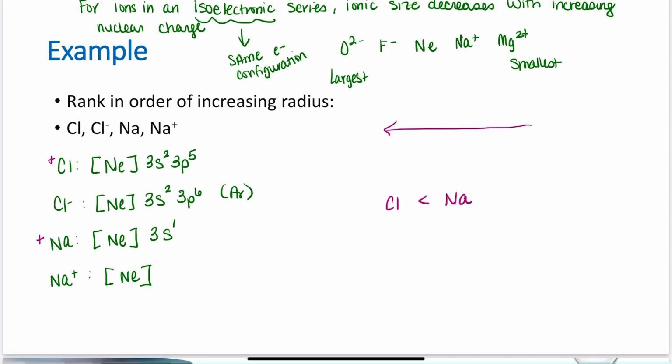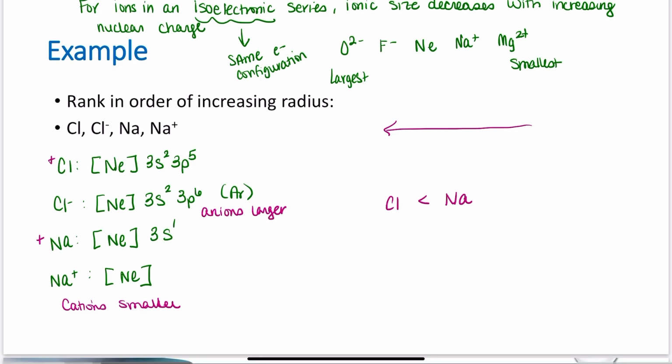I know that cations are always smaller than their neutral atoms. I know anions are always larger. But where are they in relation to the other two neutral atoms I have? Sodium plus is going to be smaller than sodium, but is it going to be smaller than chlorine as well? Or is it going to be larger than chlorine?